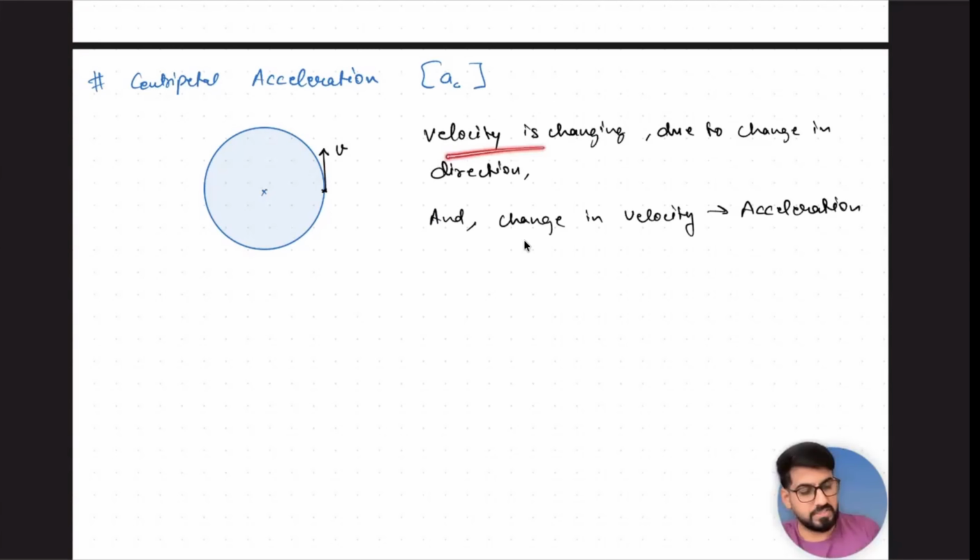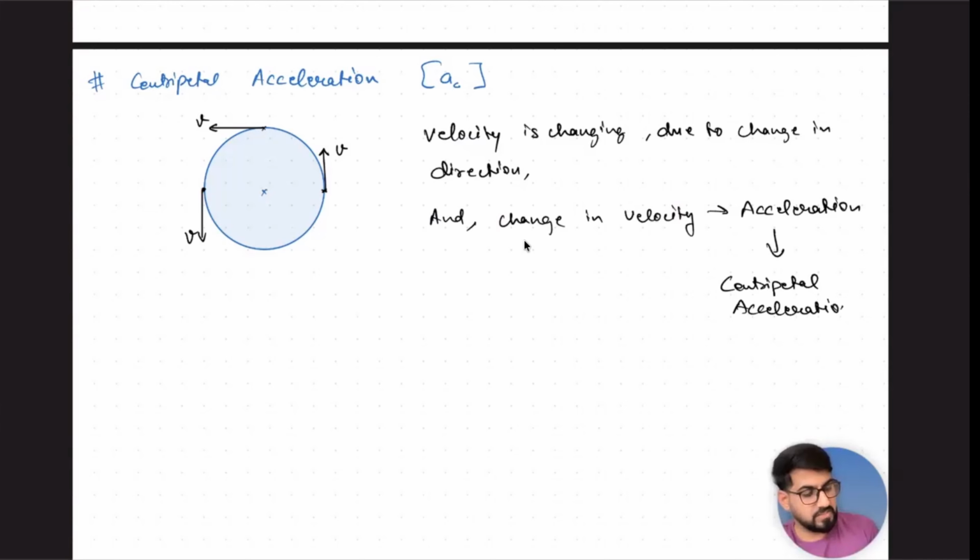So as the velocity is changing because the direction is changing at every instant of time, at every point the velocity is tangential to the given point in a circular motion. Therefore, the direction is changing, and direction change, velocity change leads to acceleration. And this acceleration is known as centripetal acceleration.